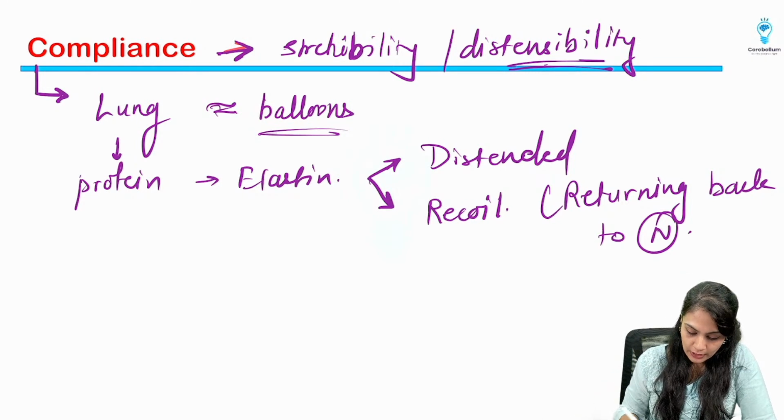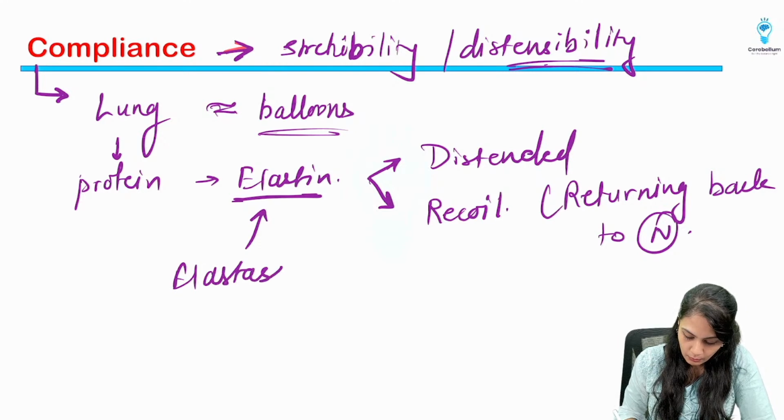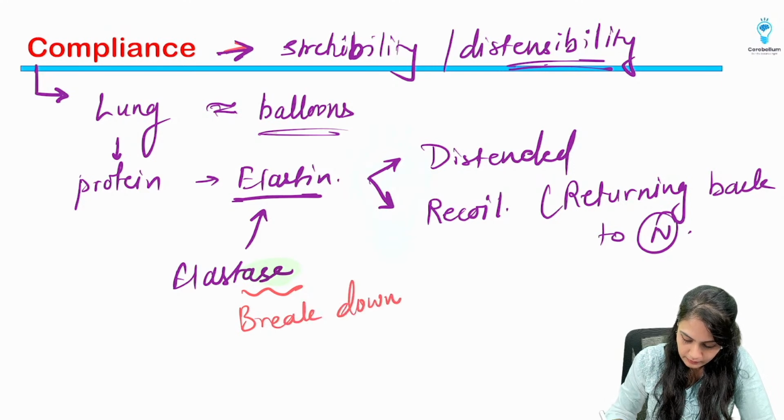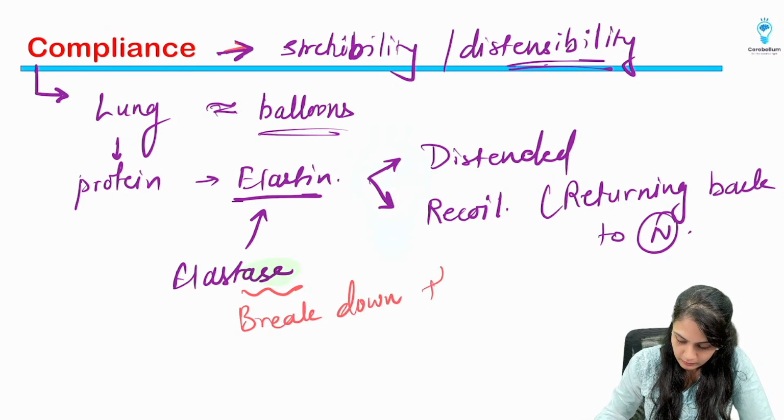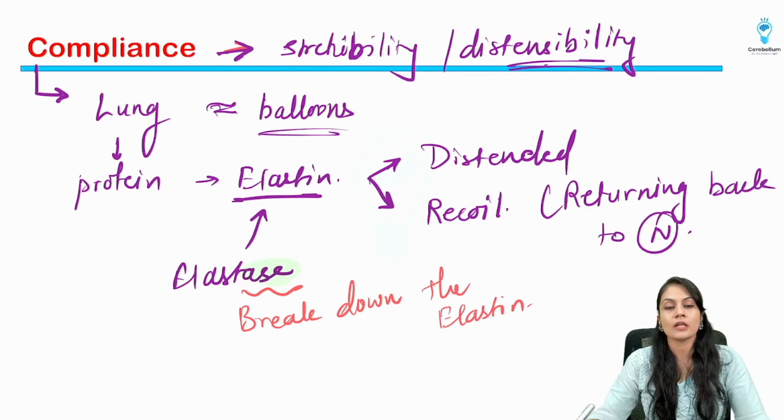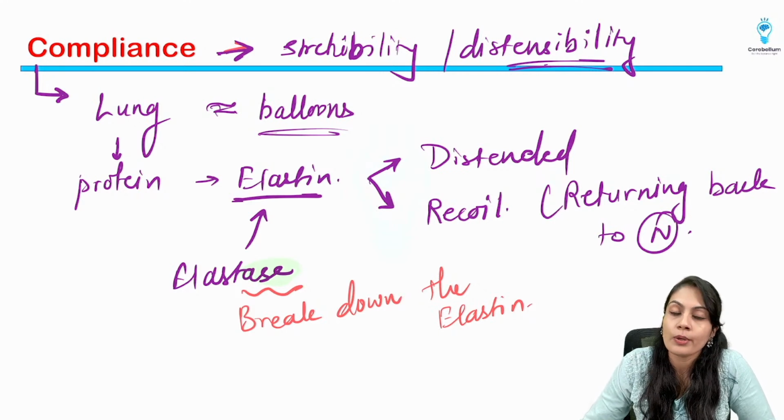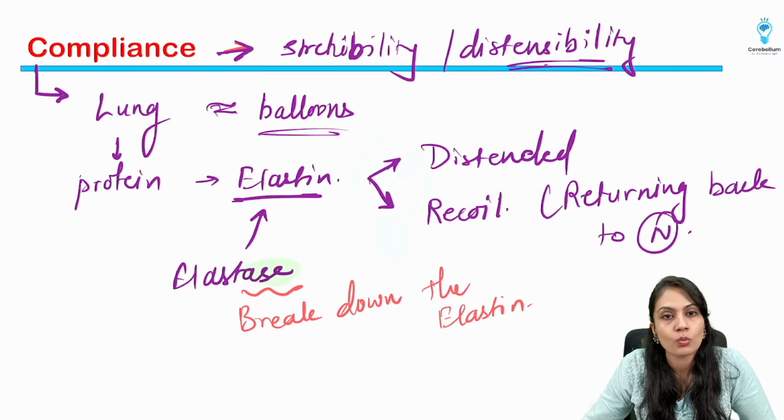If I tell you there is a protein known as elastase, what do you think it must be doing? Elastase is going to break down the elastin. Now, if it starts to break down the elastin too much, we'll lose this property of compliance also, stretchability or distensibility. We don't want that.